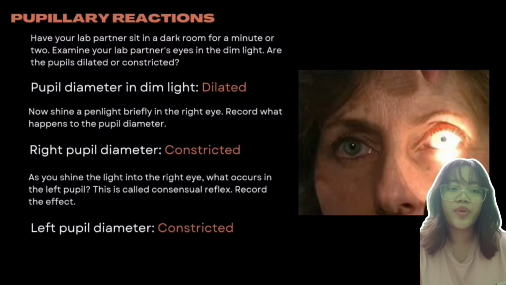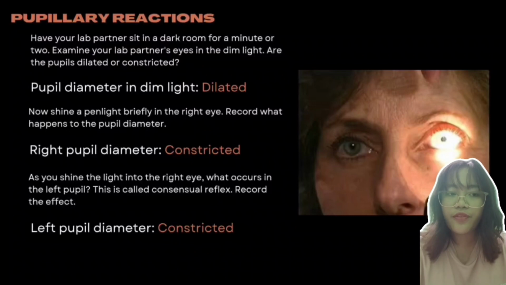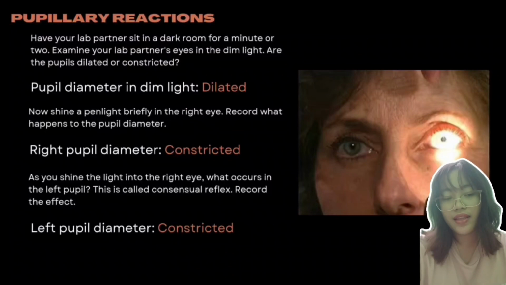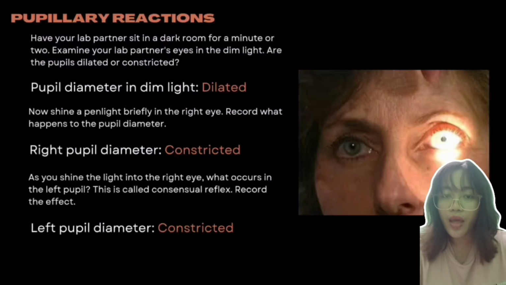Therefore, the right pupil diameter is constricted. As you shine the light into the right eye, the left pupil will also constrict due to the consensual light reflex, where both pupils react simultaneously to light stimulation, regardless of which eye is directly exposed to the light. So the left pupil diameter is also constricted.